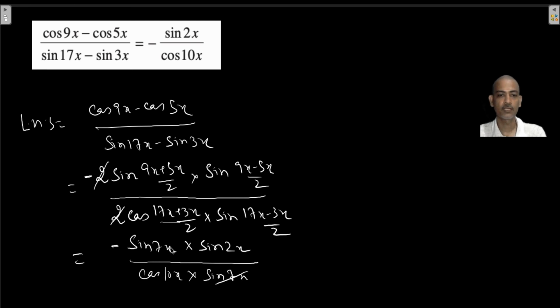So sin of 7x gets cancelled out, so we are left with minus sin 2x divided by cos 10x, which is what we had to prove on the right hand side.